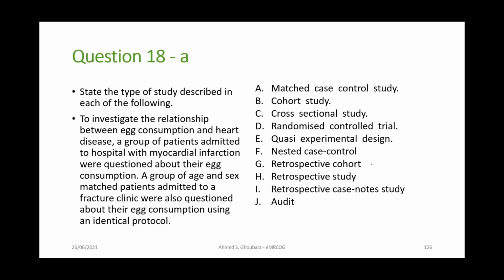Basically this study started like this: the researcher went to the hospital archive, got 100 case notes of heart disease patients and no heart disease patients, or maybe admitted to the hospital. They selected the controls matched to the cases, same age, same sex, all males or all females, or above 50, or same body weight, and studied the effect of egg.